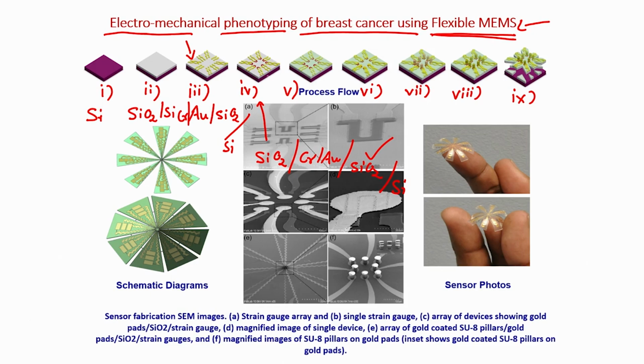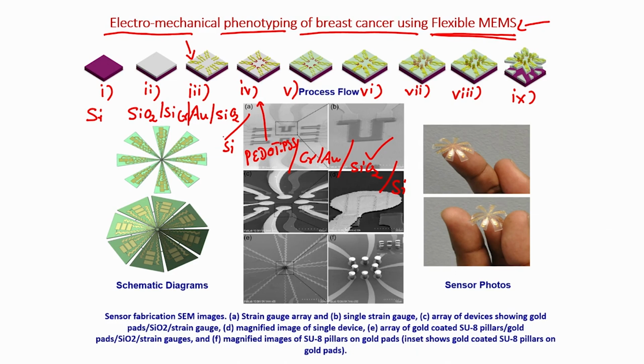Now, in this case, on these patterned electrodes we have deposited, am I correct? No. So, you see, in this particular case we have PEDOT:PSS for the strain gauge.